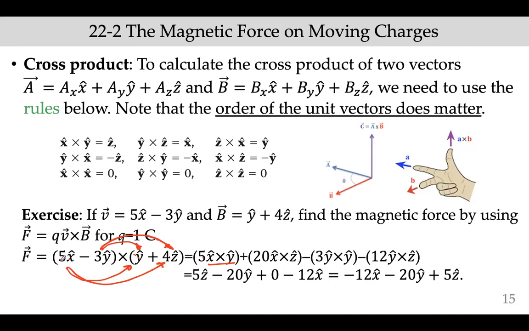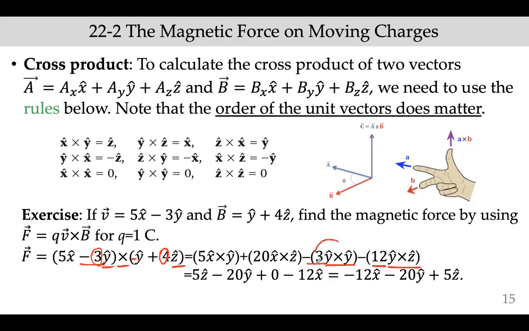For the second one, 5 times 4 is 20, and we will have x cross z. Now for the other ones, there's negative 3 multiplied by 1 here, so it's negative 3 here, and we have y cross y here. And for the last one, negative times this is 12, and we have y cross z, z hat.